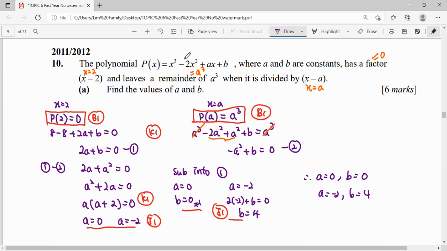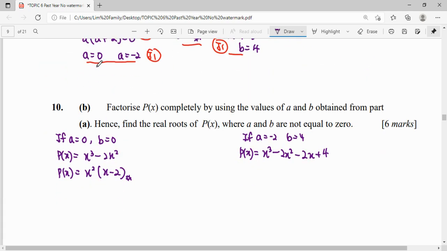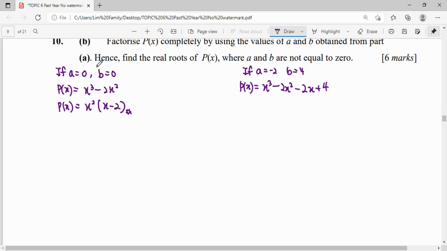We can see this polynomial has a factor of x minus 2, so I have to divide by this x minus 2 in order to find the other factors. That's why we will undergo long division and divide by its factor x minus 2.